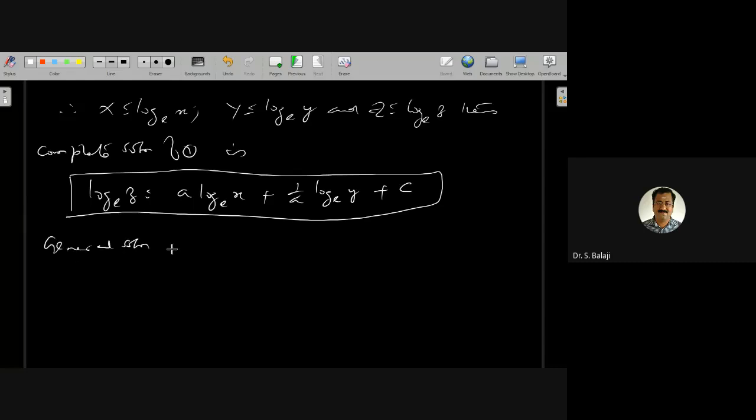The general solution is obtained by c equal to pi of a. No singular solution. Okay?